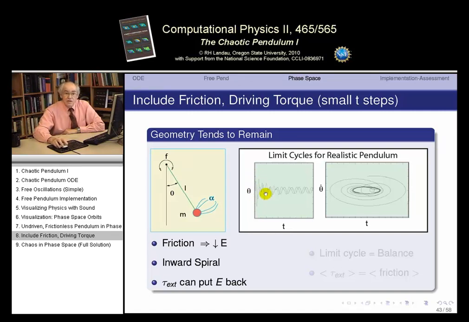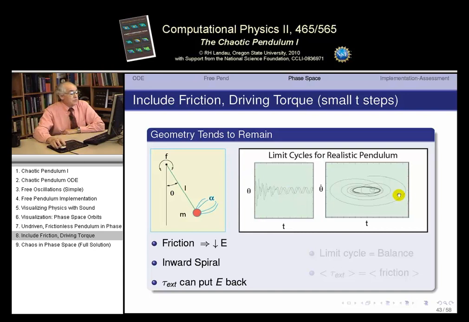Fine. Okay? Because they're big oscillations, and since friction goes like velocity, these correspond to large velocities, and there's a lot of frictional force, lots of energy lost to friction. But then as the amplitude gets smaller, the energy lost to friction starts matching the energy being put in by the driving torque, and the oscillations become stable, constant amplitudes.